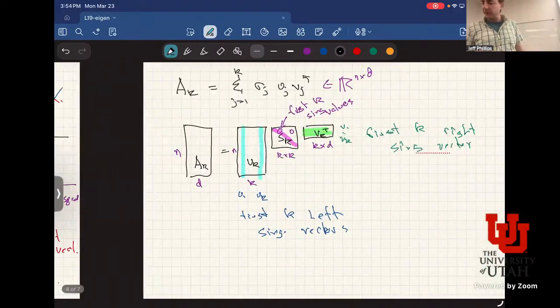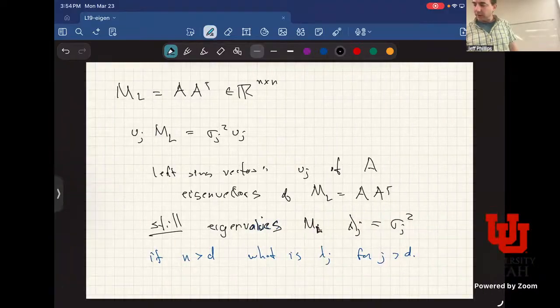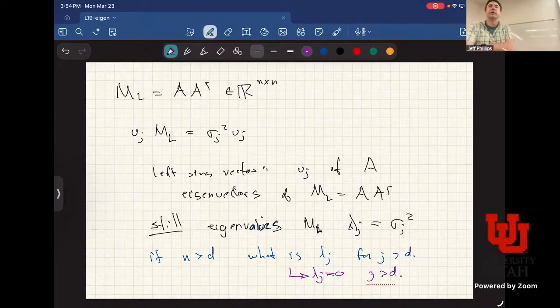Okay, so when I go back to here, now what is the 15th eigenvalue when n is bigger than d and d is 10? 0. It's also going to be 0, right? So these are going to be 0 for j larger than d.